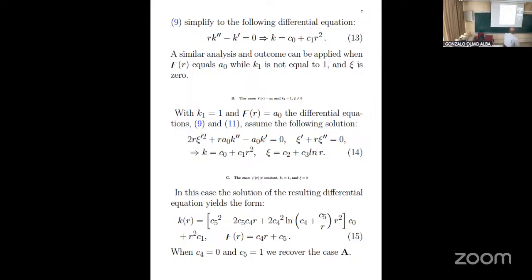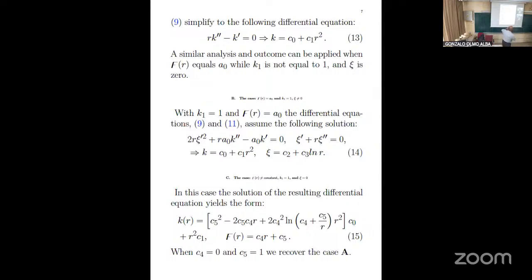So the third case, and of course, before I go to the third case, if we put here the constant C3 equal to 0, in that case we recover the BTZ that we derived in the first case, this one.